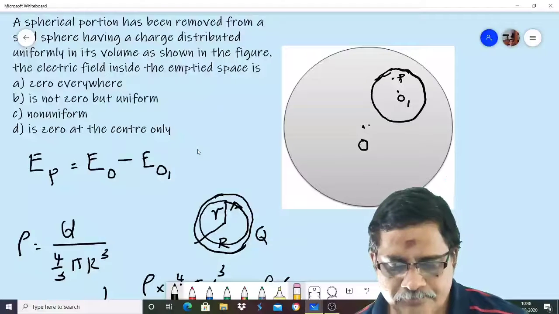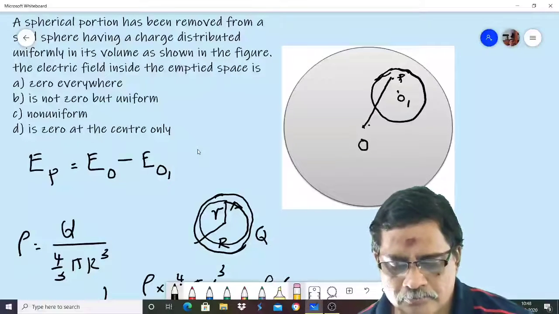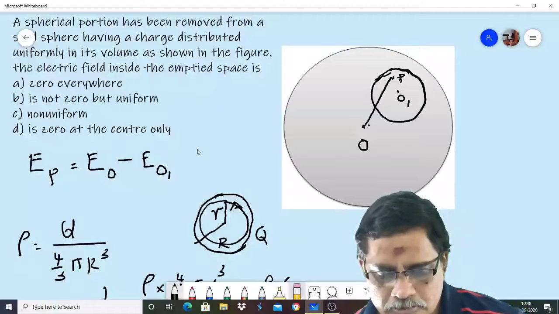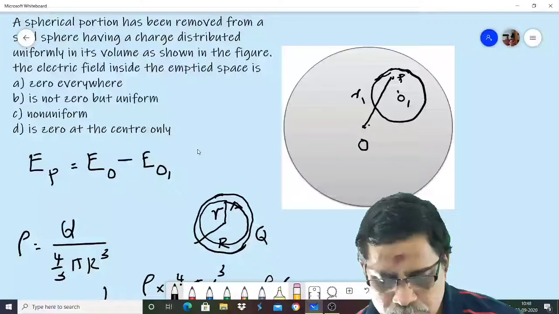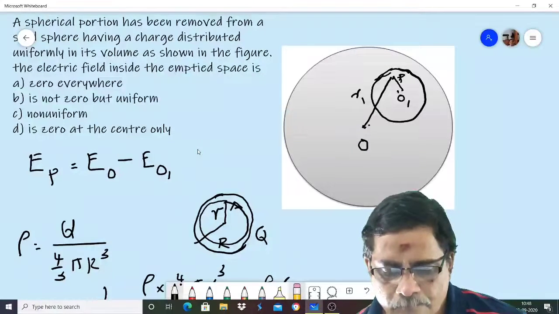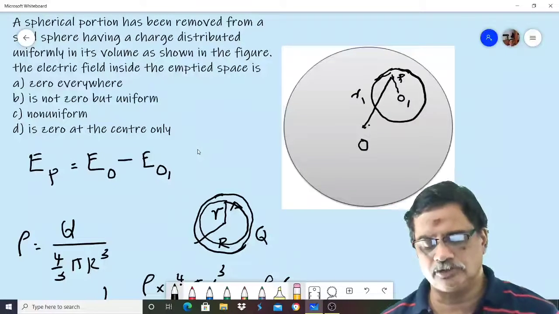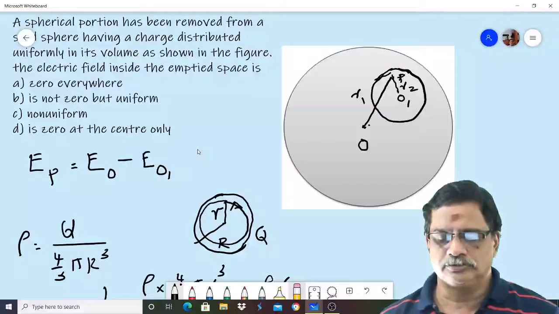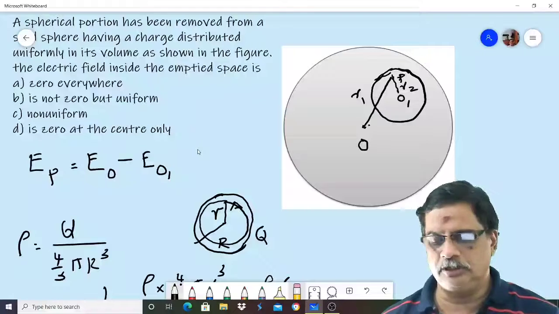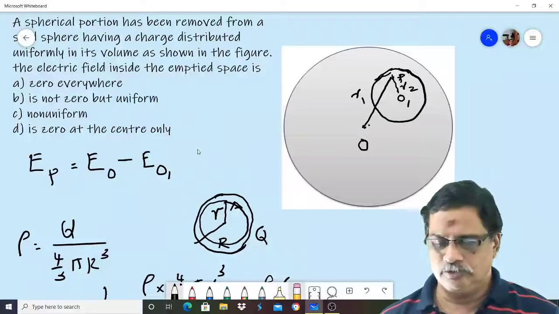Let this distance be r1, and let this distance be r2. So r1 is the distance to the point P from the center of the original sphere, and r2 is the distance to the point P from the center of the sphere which we have removed.